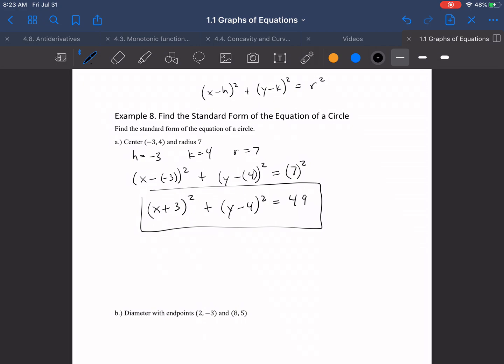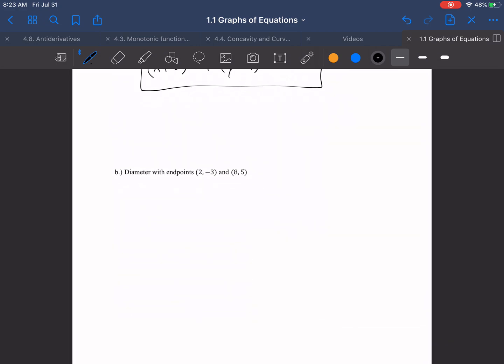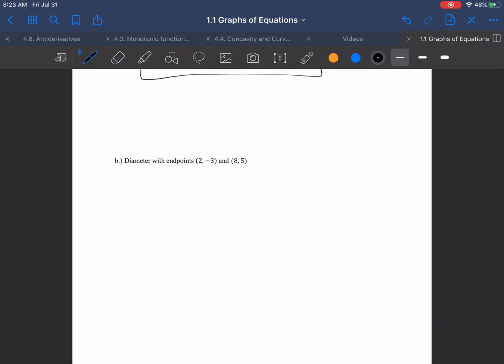Now the next one is a little bit trickier. I'll do some of this for you, but I'm going to tell you what you're going to want to do. You're going to want to combine a few of the things that we've done. First, you're going to want to find the distance between the 2 points. And when you find the distance, do this: x2 minus x1 squared plus y2 minus y1 squared.